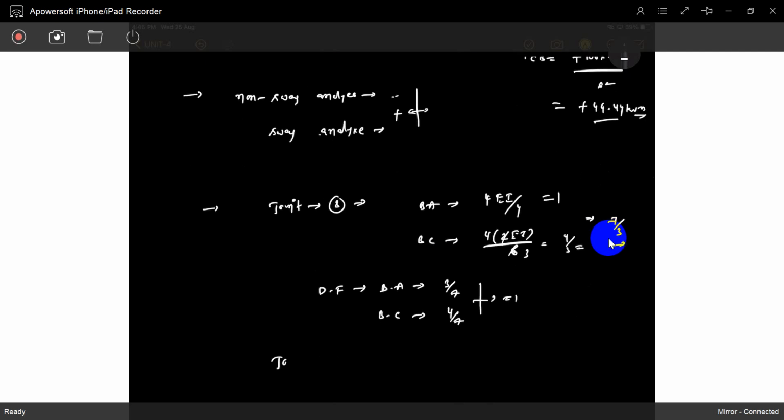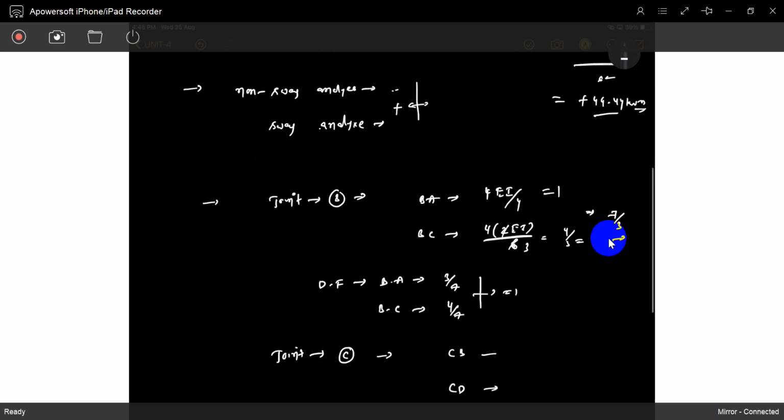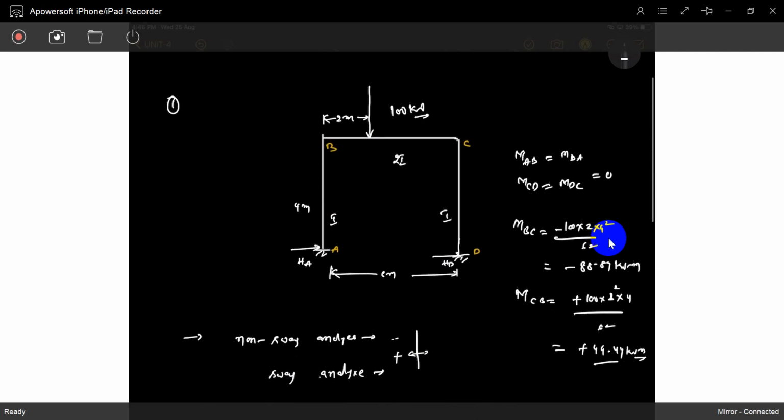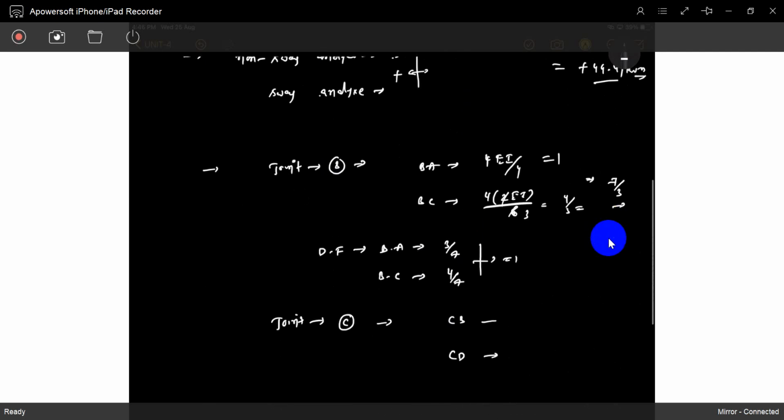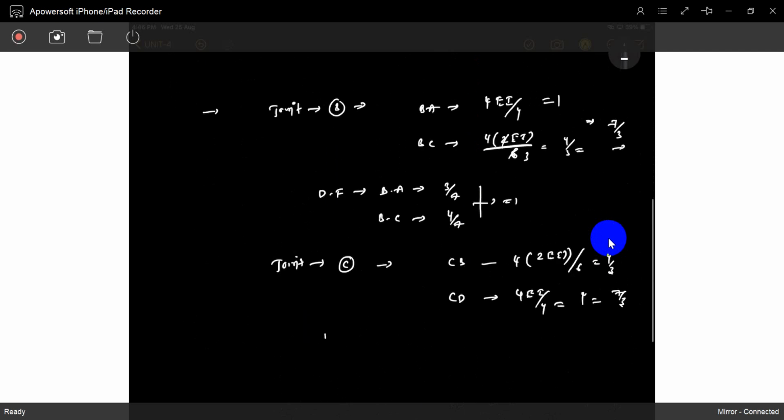Next take joint C, with CB and CD, only two. CB is 4 times 2I by 6, which is 4 by 3. CD is again 4EI by L, taken as 1, total 7 by 3. Now it is just opposite. The distribution factor for CB is 4 by 7 and CD is 3 by 7.